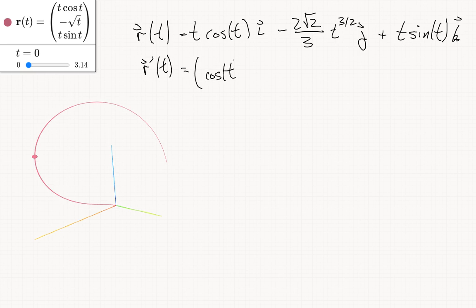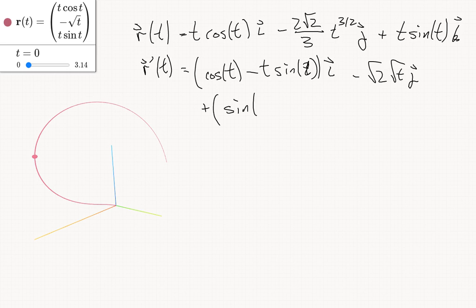So here we'll get (cos t minus t sine t) i minus root 2 root t j, and then product rule again, (sine t plus t cos t) k. So here's that tangent vector.